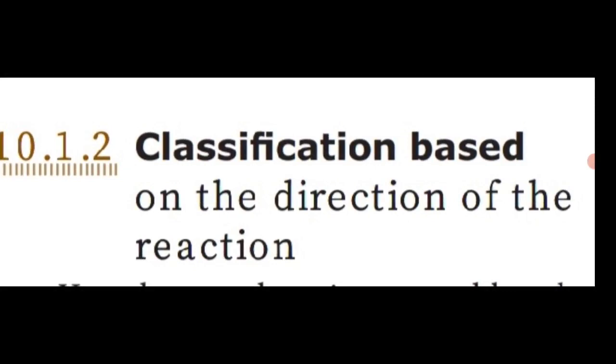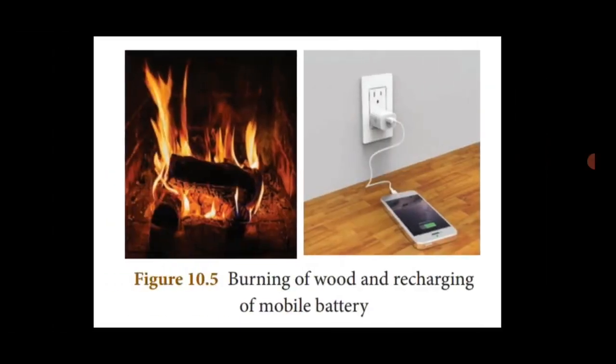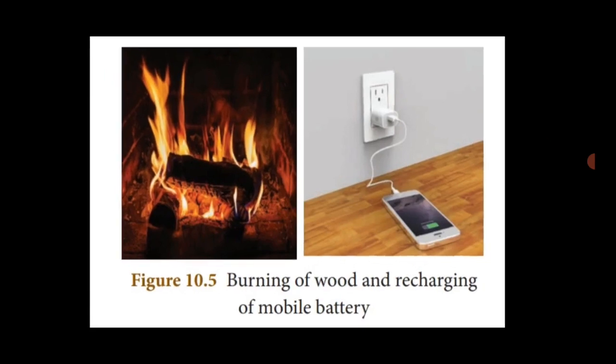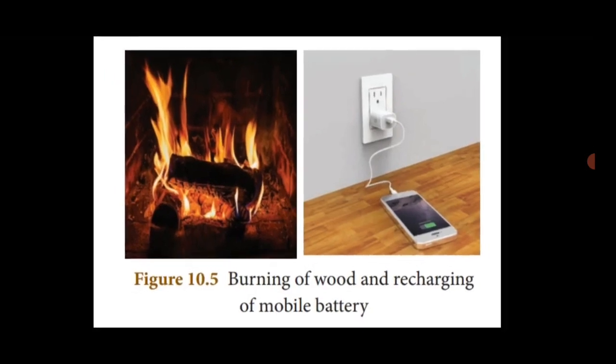Hence, they are grouped into two types of reaction. One is reversible reaction, another one is irreversible reaction. See this picture. This is burning of wood. Burning of wood is one of the permanent changes. The second picture indicates discharging of mobile. This is one of the reversed reactions.